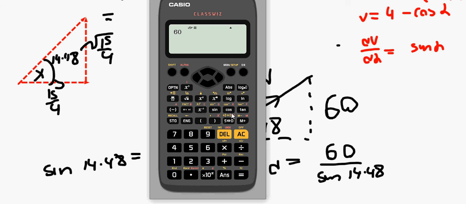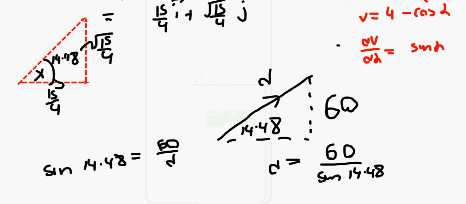Huh? So what did I not do? Sine 14.48 is a quarter. Is a quarter. Yeah.